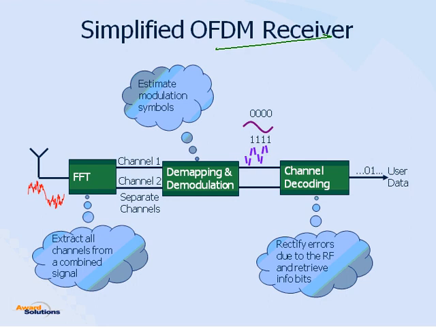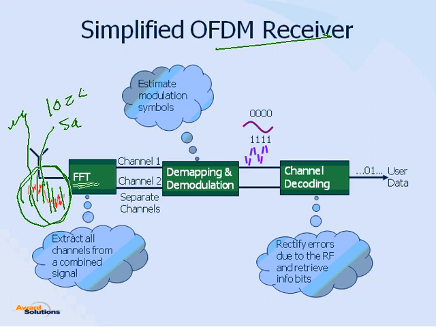The receiver will do the opposite processing. It is getting the strange looking signal. Then we do the FFT, so we are taking samples. We will take, let's say, 1024 samples of this signal, and then FFT will give you 1024 modulation symbols.